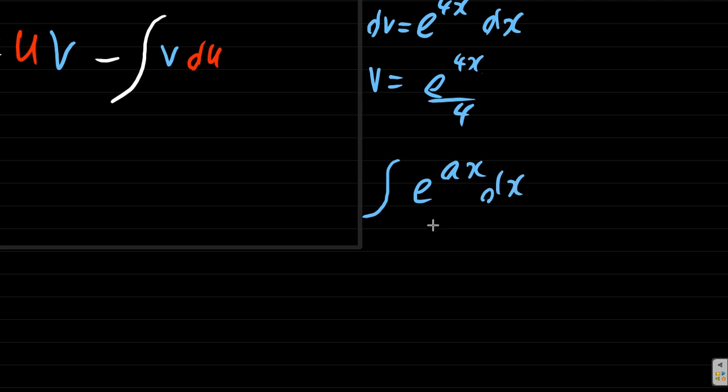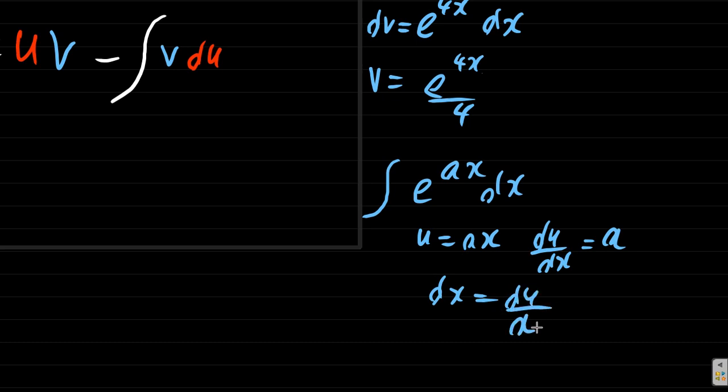If you use substitution and let u be equal to ax, then du by dx would be a. So therefore dx would be du over a.